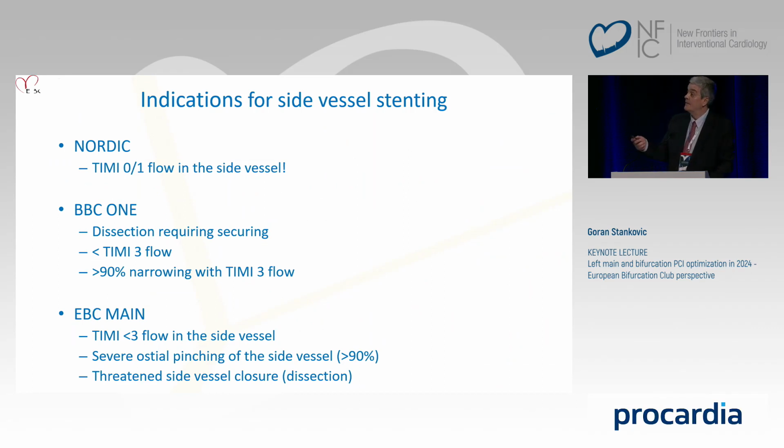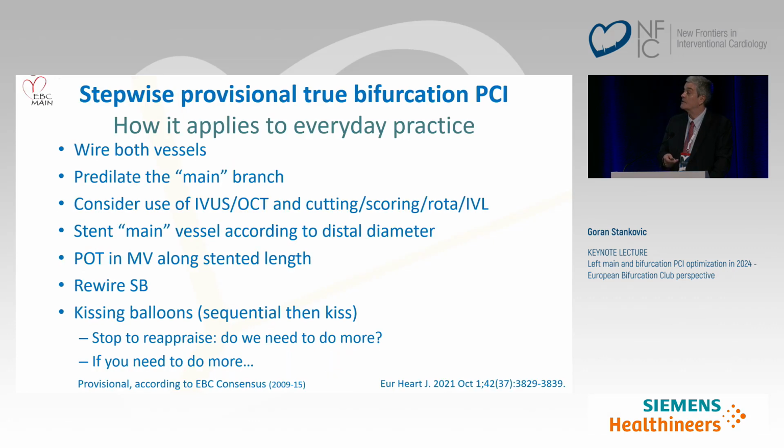For example, we currently use for left main the EBC main criteria, which means less than TIMI 3 flow in the circ, severe ostial pinching, but really severe, 90%, or threatened side branch closure like dissection. This is the current state-of-the-art approach to provisional side branch stenting.